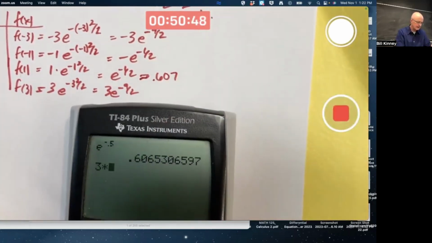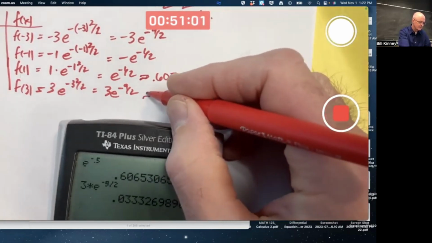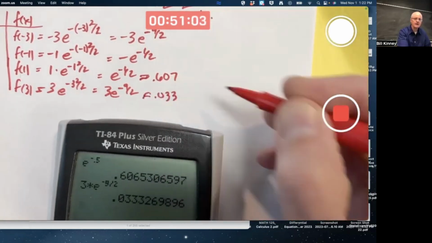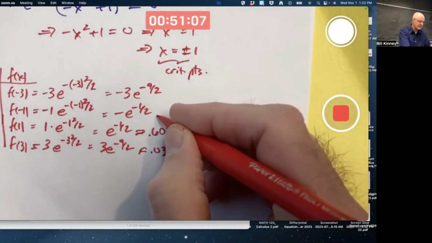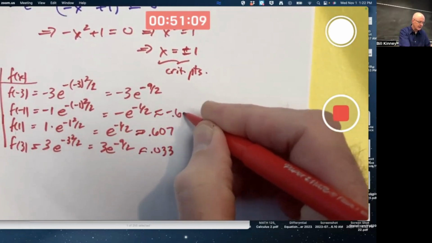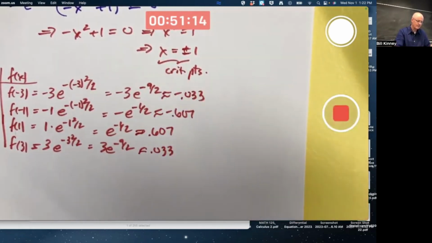Three times e to the -9/2, also -4.5, is closer to 0. Very close to 0, in fact. 0.033. These numbers are just the negatives of those. So this is -0.607, and this is -0.033.